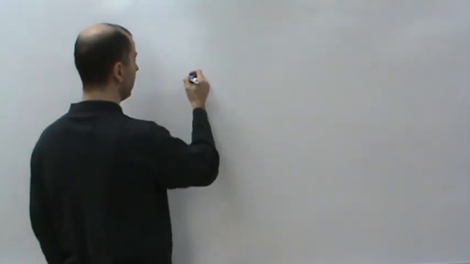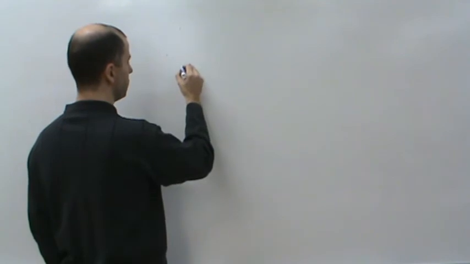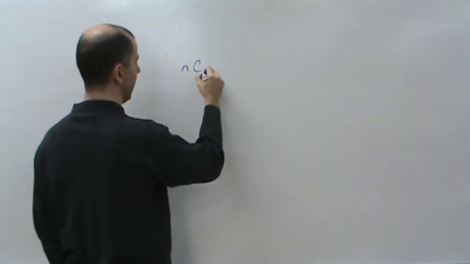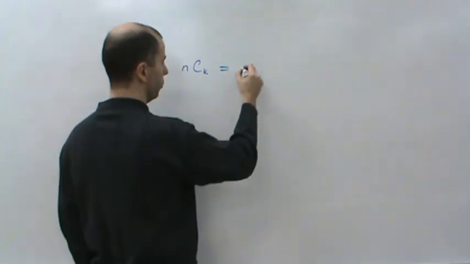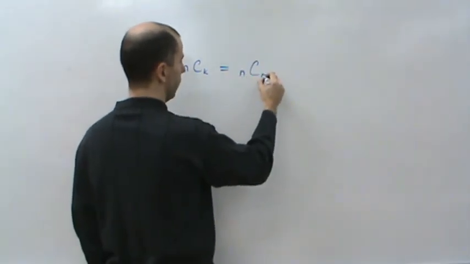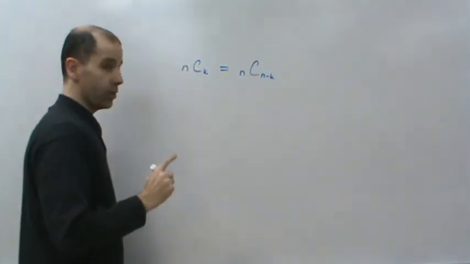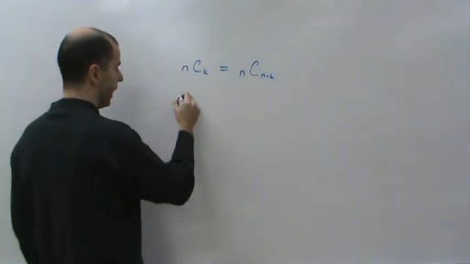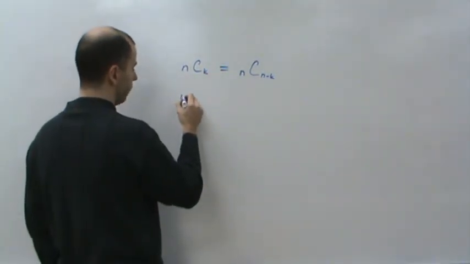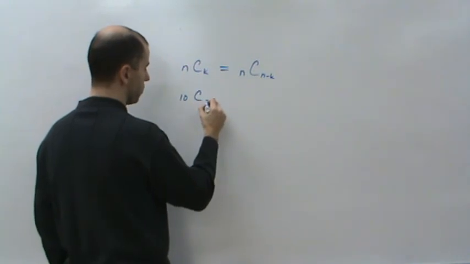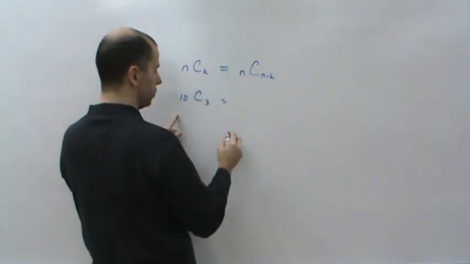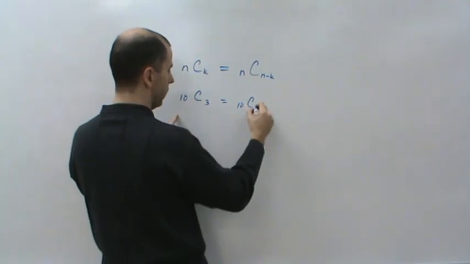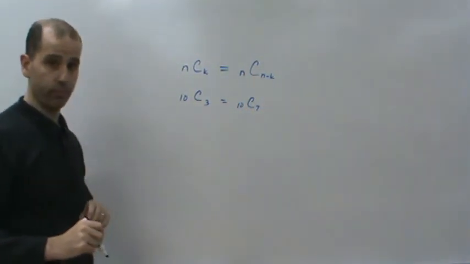Okay? But realize that one of the properties of combinations is if you have n choose k, that's going to be always equal to n choose n minus k. So in other words, if I am looking for 10 choose 3, it will always be equal to 10 choose 7.